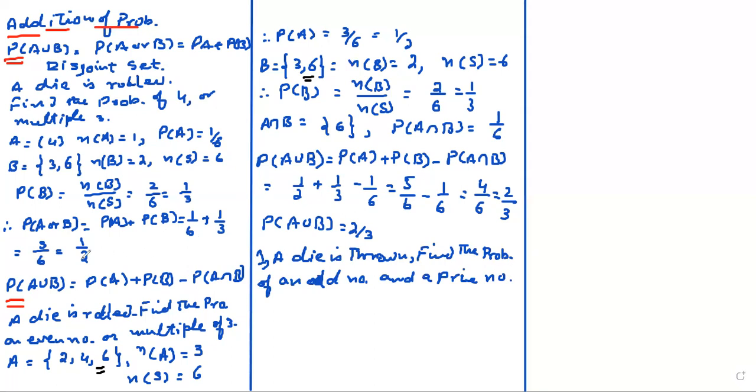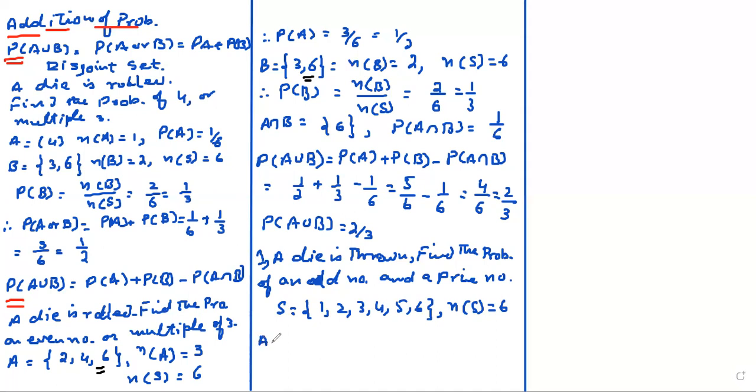A dice is rolled. So here S equals 1, 2, 3, 4, 5, 6. These are the 6 numbers, so n(S) equals 6. Now event A is an odd number.